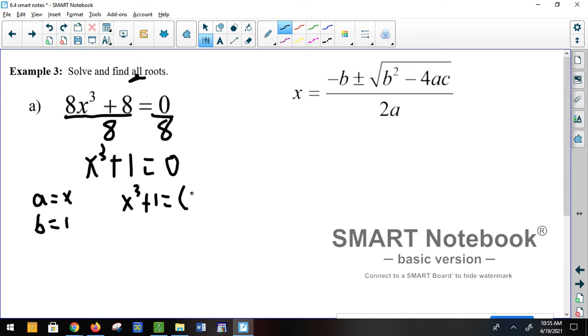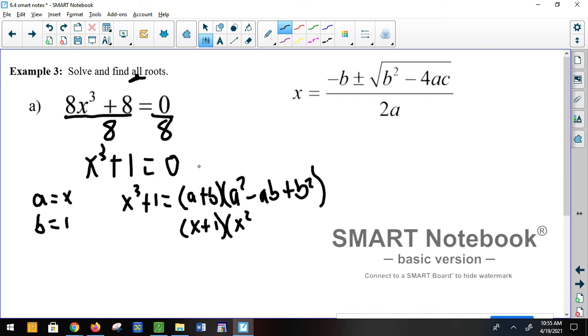So it's going to be a plus b times a squared minus ab plus b squared. X is a, and b is 1. A squared is x squared. AB is x times 1, which is just going to be x. And b squared is going to be 1.